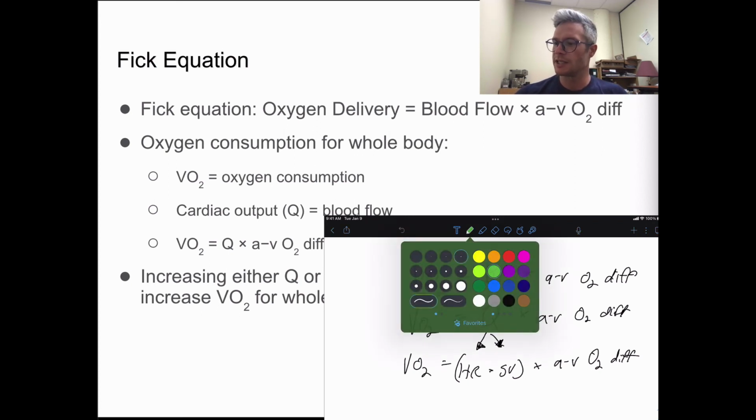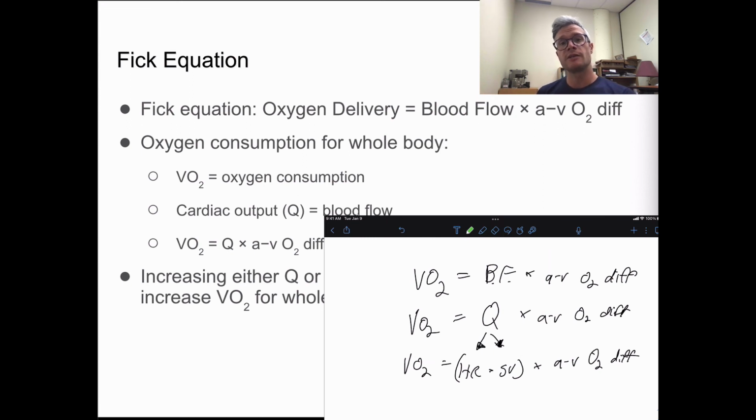So now we can see that there's a lot of different factors that increase essentially our oxygen delivery, right? We can increase heart rate, which would increase our VO2. We could increase our stroke volume, which either of those would increase our cardiac output. Or if the tissues are just pulling more oxygen out of our blood, that would also increase our VO2.